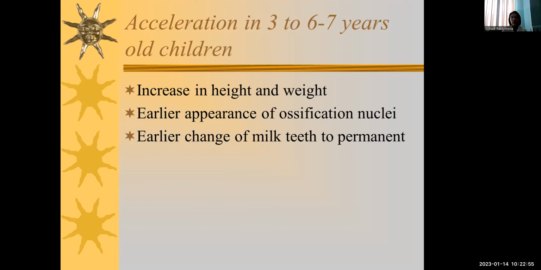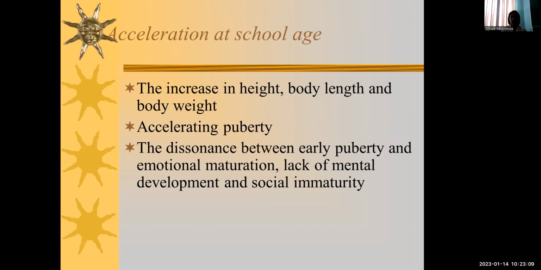Acceleration in 3 to 6, 7 year old children: increase in height and weight, early appearance of ossification nuclei, earlier change of milk teeth to permanent. Acceleration at school age: the increase in height, body length, and body weight. Accelerating puberty, the dissonance between early puberty and emotional maturation, lack of mental development and social immaturity.